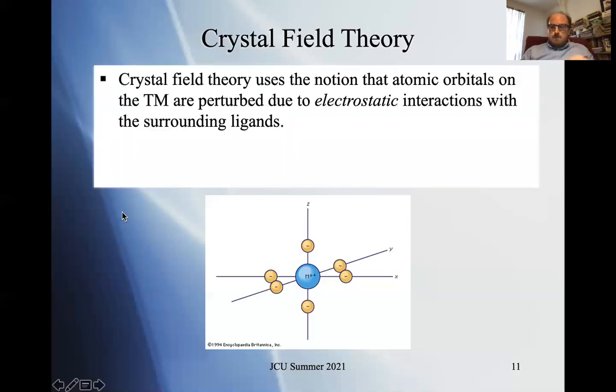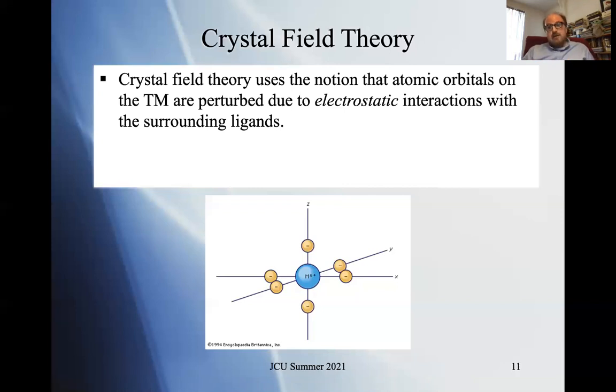Now, crystal field theory all relies on the idea that atomic orbitals are perturbed due to electrostatic interactions with the ligands, right? So what we have here is, again, this hypothetical complex. We have a metal center at the origin, and around it, we are bringing in 6 ligands, right?